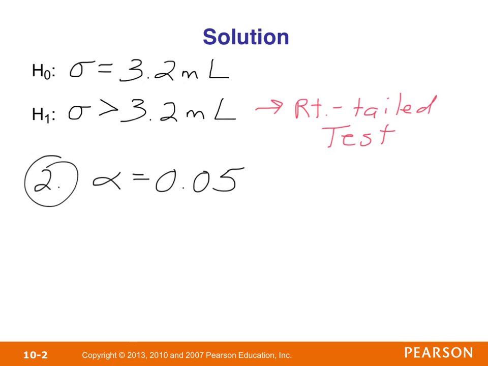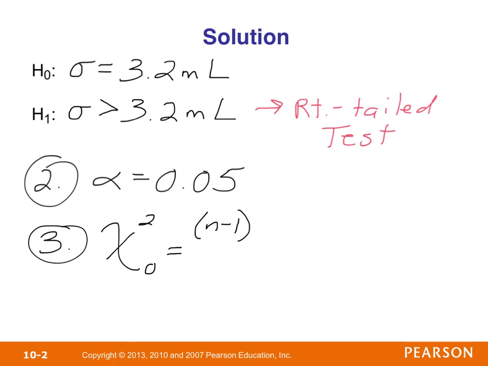The third step in the process then is to get my chi-squared test statistic. Now remember, my chi-squared test statistic is equal to n minus 1 times s squared over sigma squared. So you're going to want to take a second here, go back and calculate s squared from those 9 data values. So calculate the sample variance of those 9 data values. So my chi-squared test statistic for this is the 9 data values minus 1, so that's my degrees of freedom here.